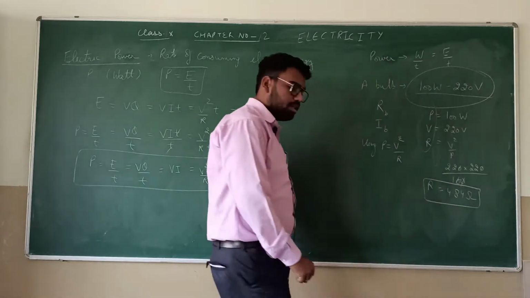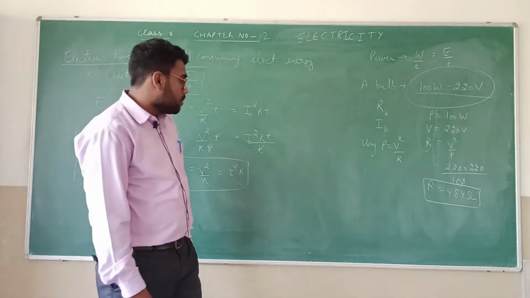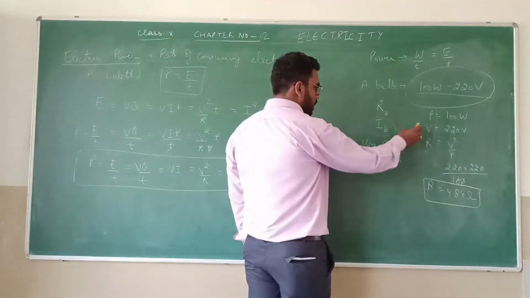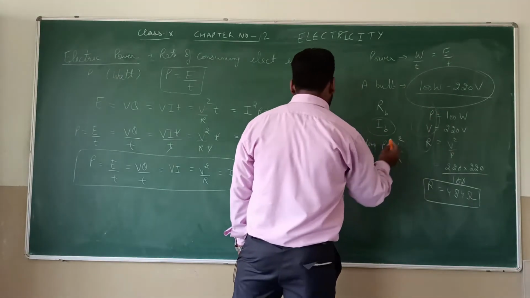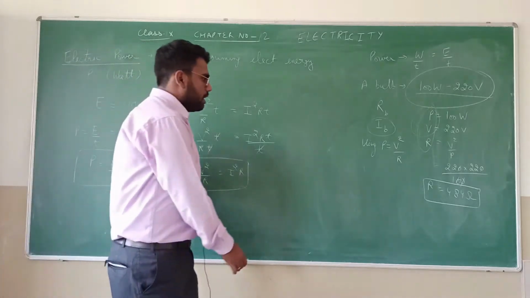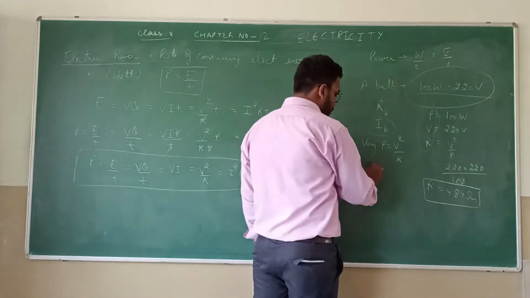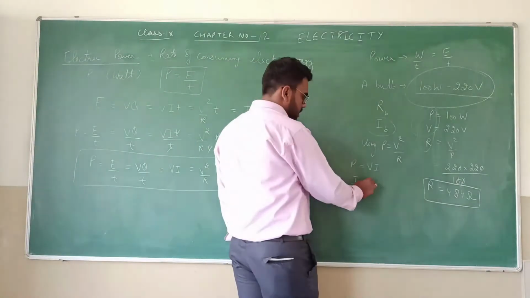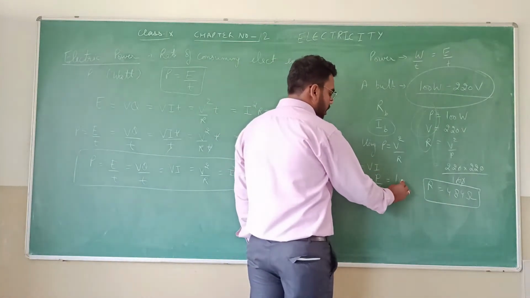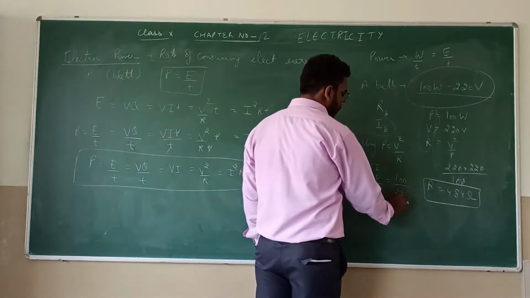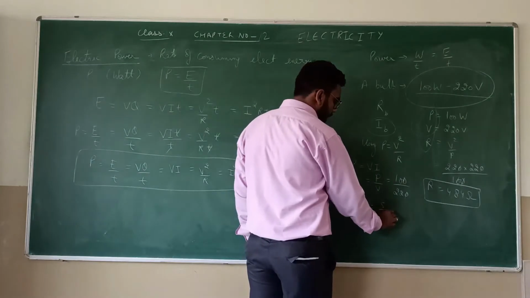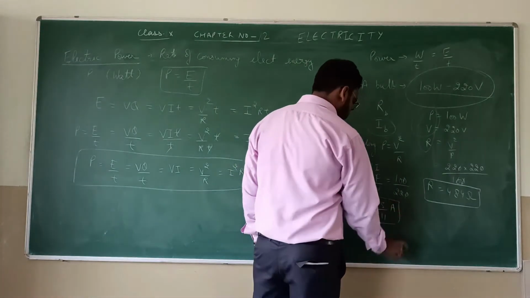If we ask how much current will be there, is there any formula which contains P, V and I? Yes, P is equal to VI. So I is equal to P by V, that is 100 by 220. After solving this we get 5 by 11 ampere.